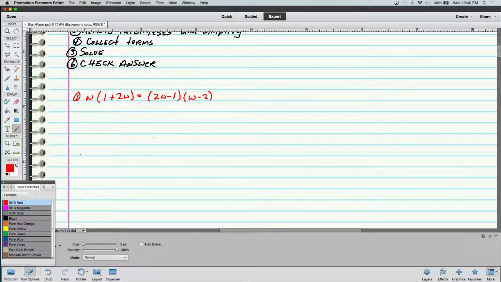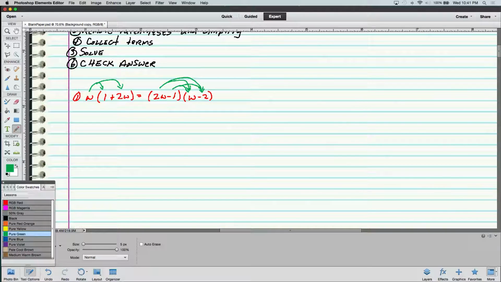Step three, remove parentheses. Well, we have our parentheses here, so we're going to want to remove them. And to remove the parentheses, we're going to want to distribute. So we're going to distribute this w to each term on the inside, and then distribute the 2w minus 1 over there.